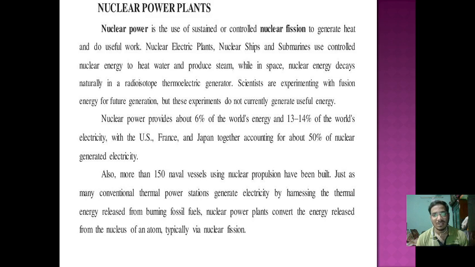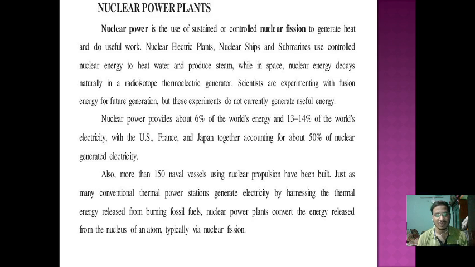The US, France, and Japan together account for about 50% of nuclear-generated electricity. Also, about 150 naval vessels using nuclear propulsion have been built.